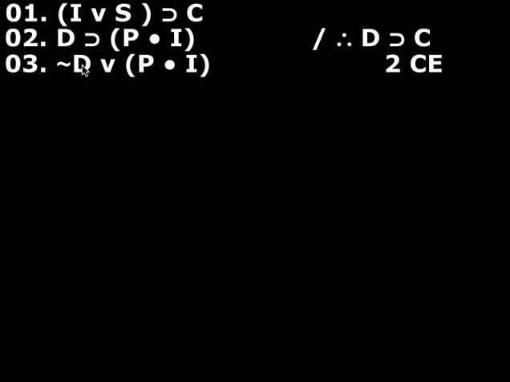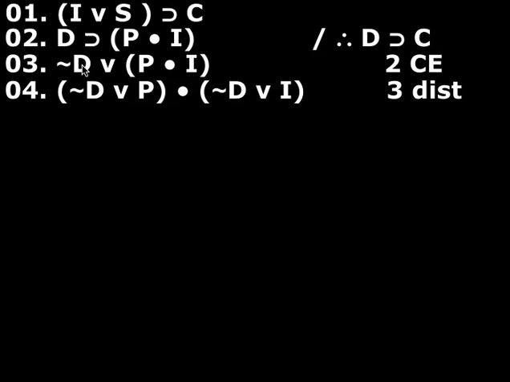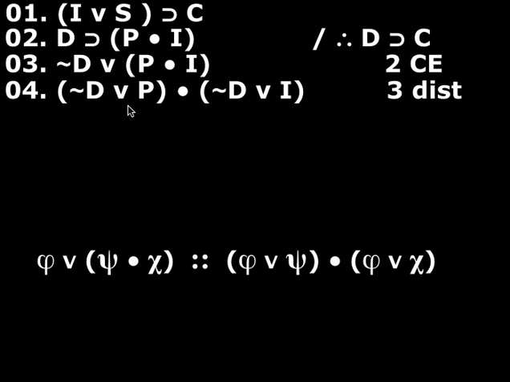Now I'm going to do distribution. Now let me remind you of the rule here. What I'm doing is I'm basically moving from this to this. Okay? Here I have a disjunction whose second disjunct is a conjunction. So that's this. I have a disjunction whose second disjunct is a conjunction. And what I'm doing is I'm turning that into a conjunction of disjunctions. A conjunction of disjunctions. Okay?